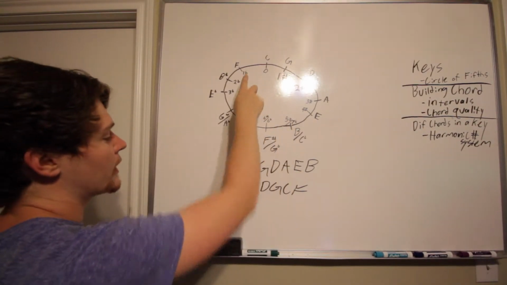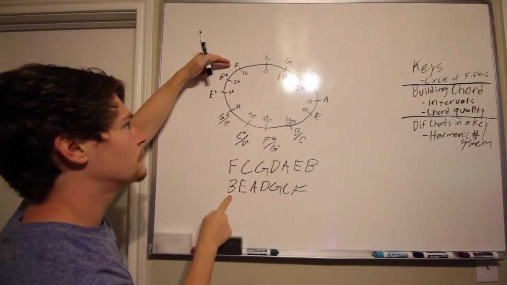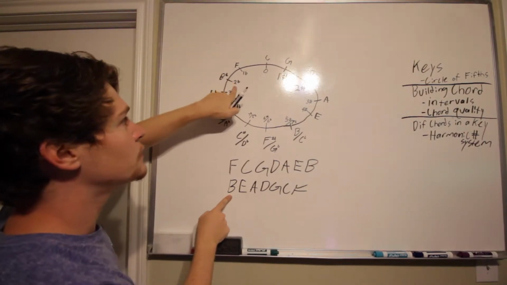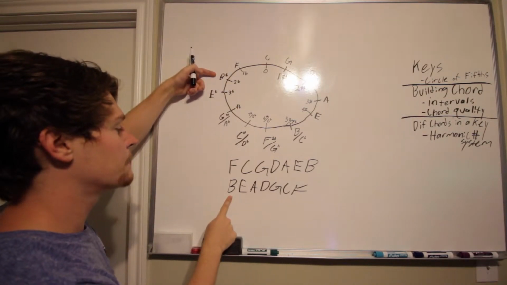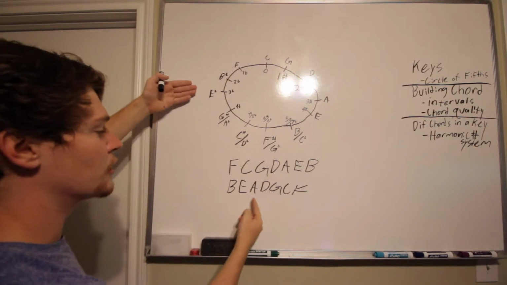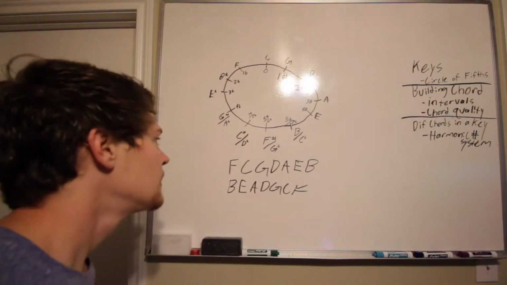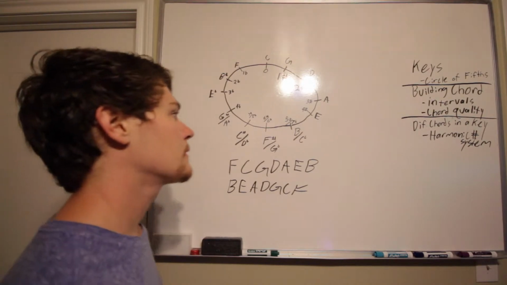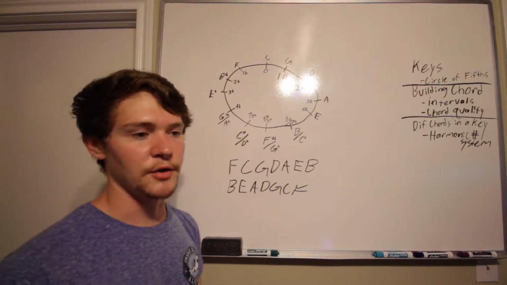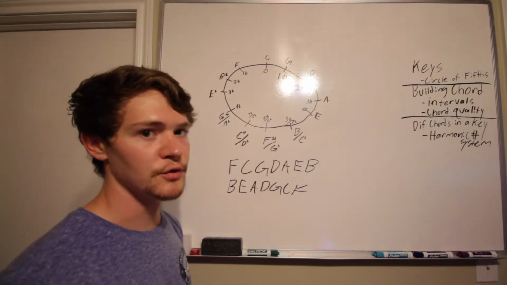You have 1 flat in the key of F major, which would be B flat. You have 2 flats in the key of B flat, so you would have B flat and E flat. And 3 is B flat, E flat, A flat, then 4 is B flat, E flat, A flat, D flat, and so on. That is how you determine the accidentals you use in each key.